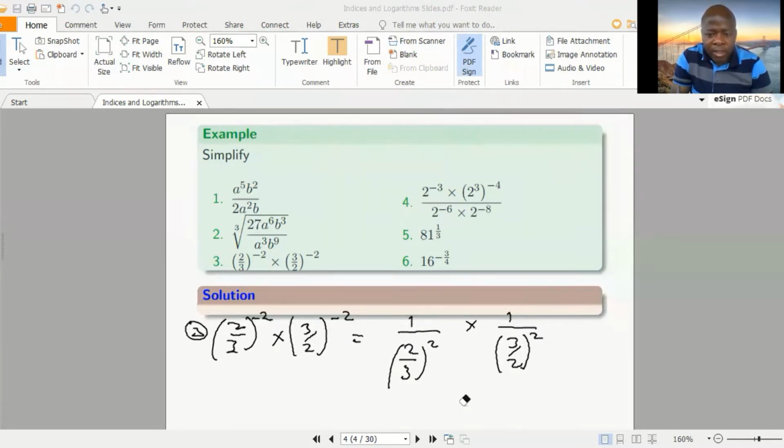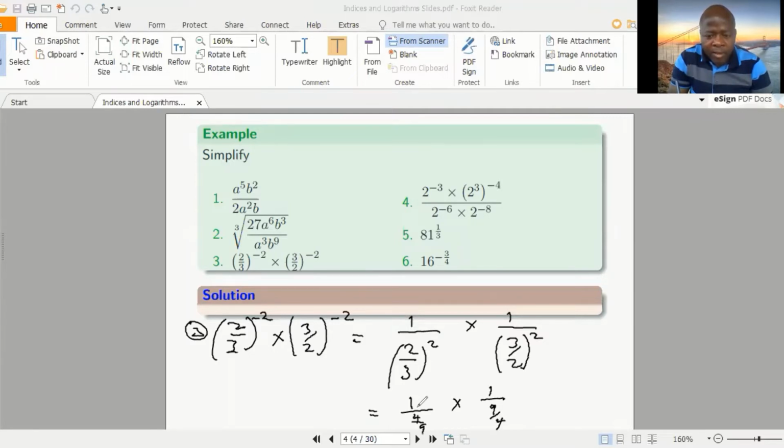So let's just now simplify this one further. So that means what I have here is 1 out of 4 out of 9. And this one is 1 out of 9 out of 4.